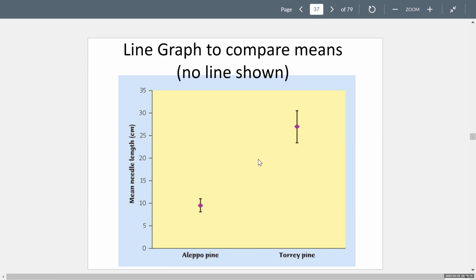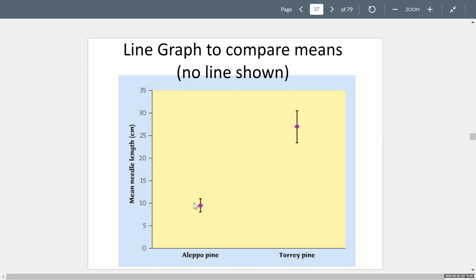So we can see that the means are different from one another by about 15 centimeters. That's quite a bit. I can probably tell that difference by eye. And we also can see on this graph how variable the needle lengths are. That is, when we go and we measure different ones, are they all exactly the same size? Or is there a little bit of difference between them? Or is there a bigger difference between individuals?